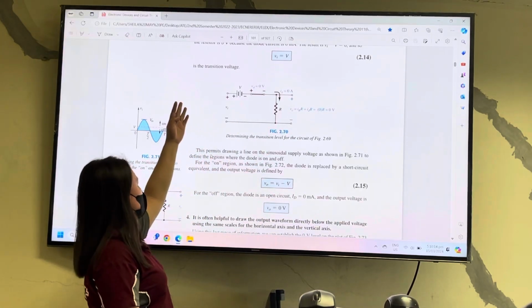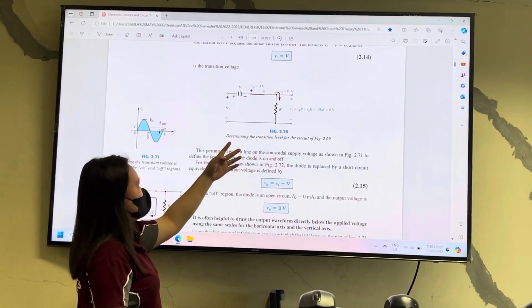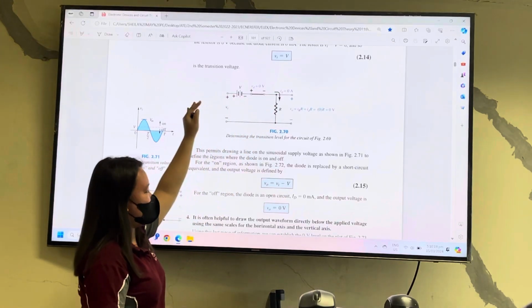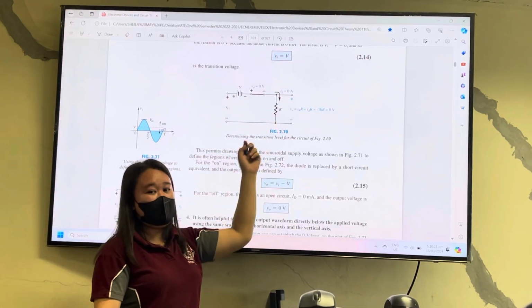Still ideal. So, make a loop in an on state.